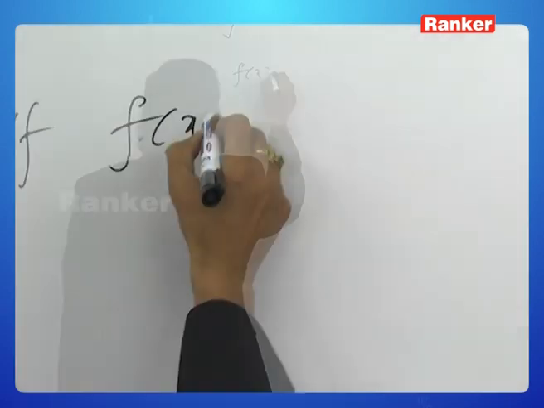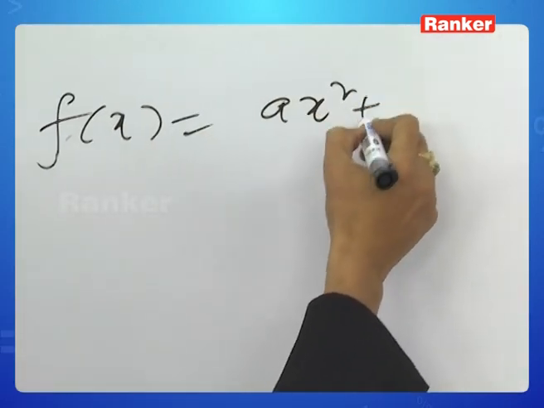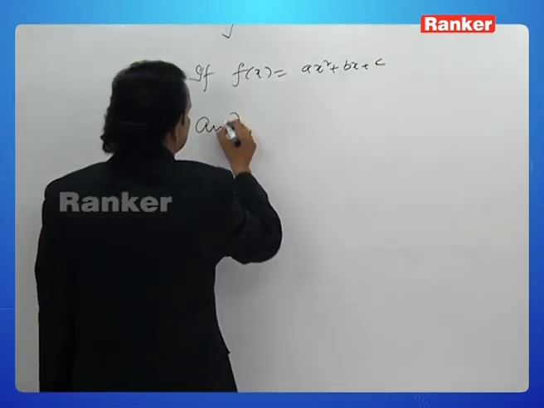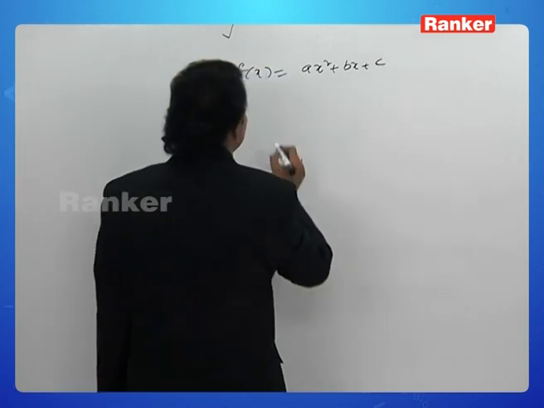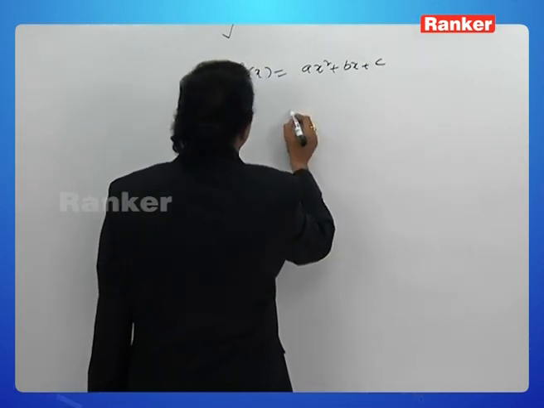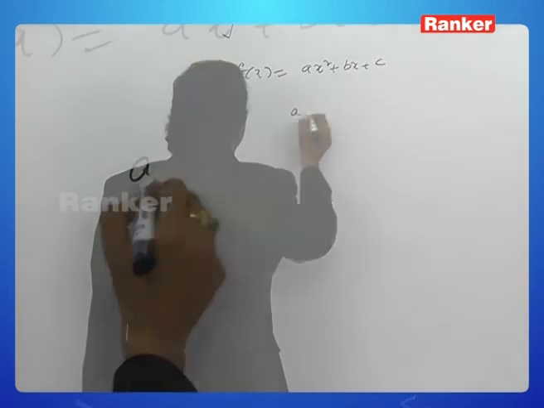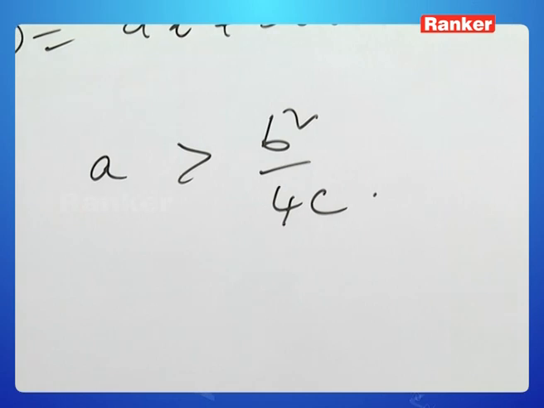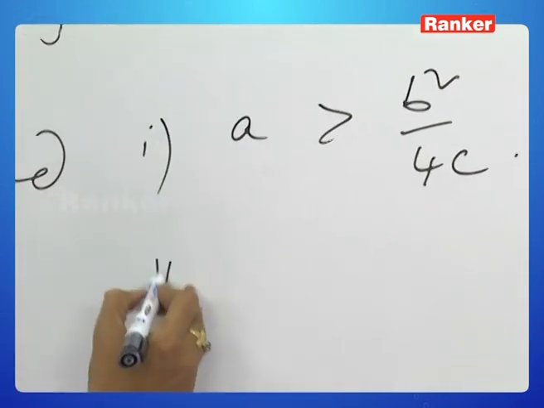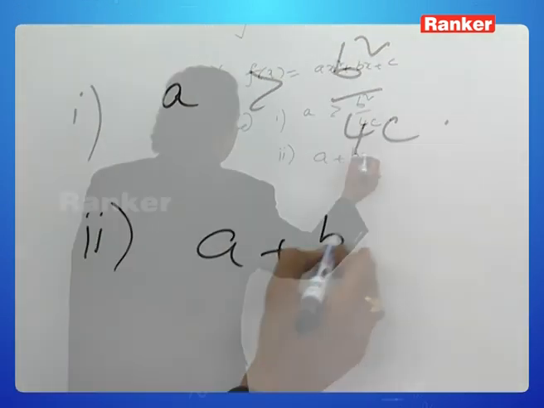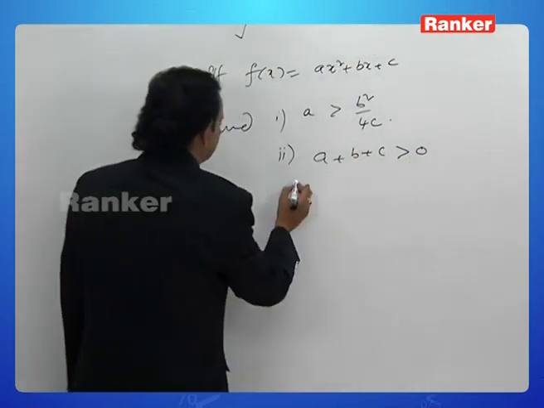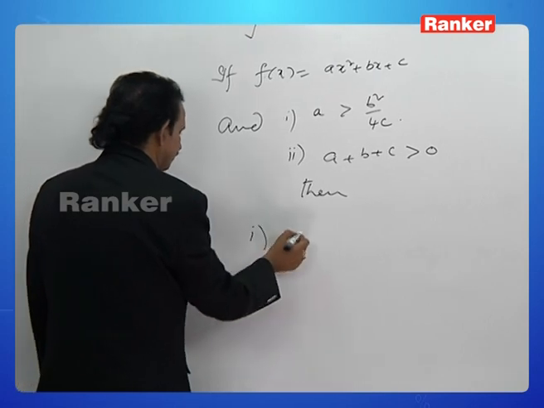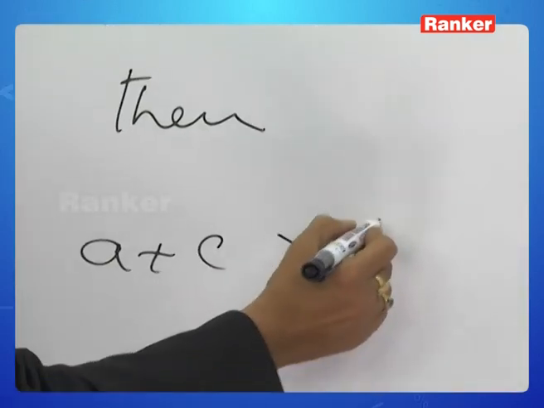If f of x is equal to ax square plus bx plus c, and a greater than b square by 4c, a plus b plus c greater than 0, then first option, a plus c greater than b.